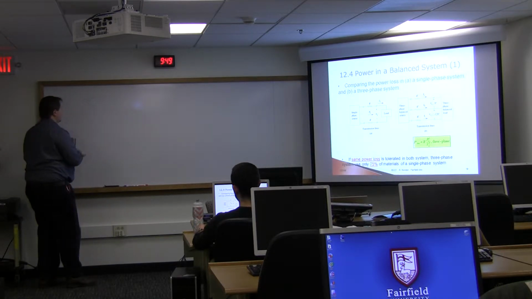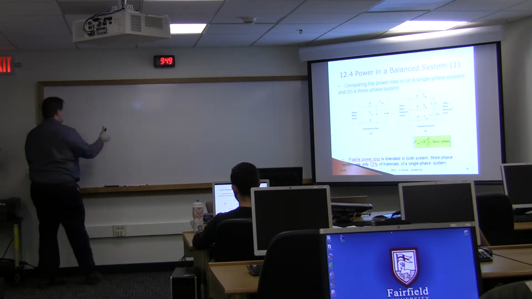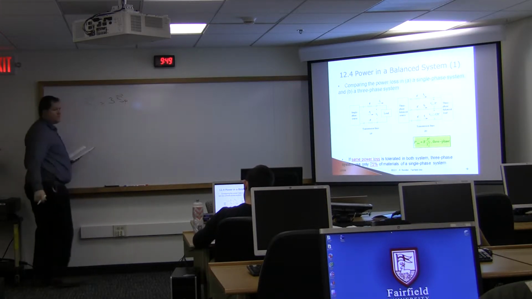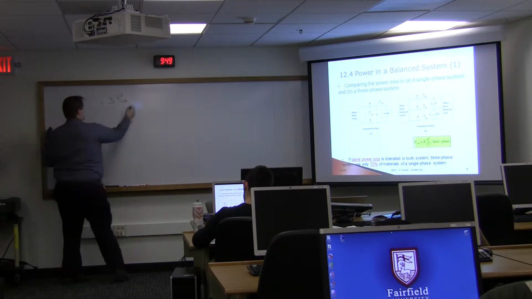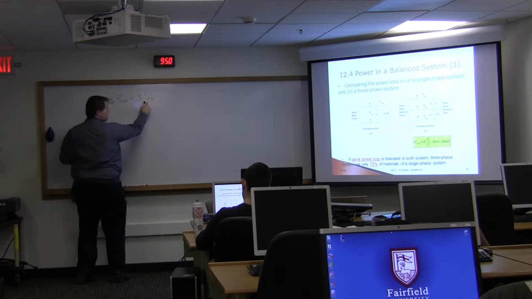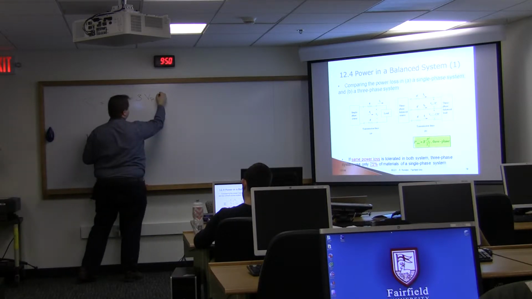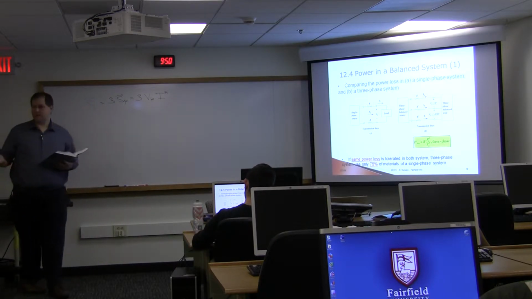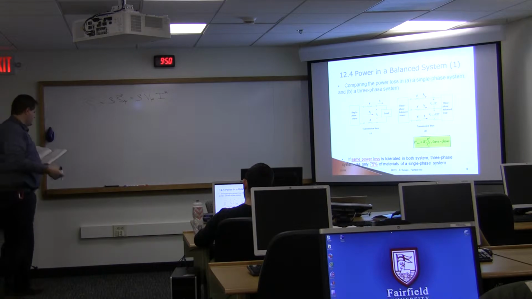So the complex power in the three-phase system is just 3 times the complex power of one phase. Remember that when we're doing complex power, this is going to be the voltage in the phase times the current in the phase. And we're dealing with RMS in these cases, right?